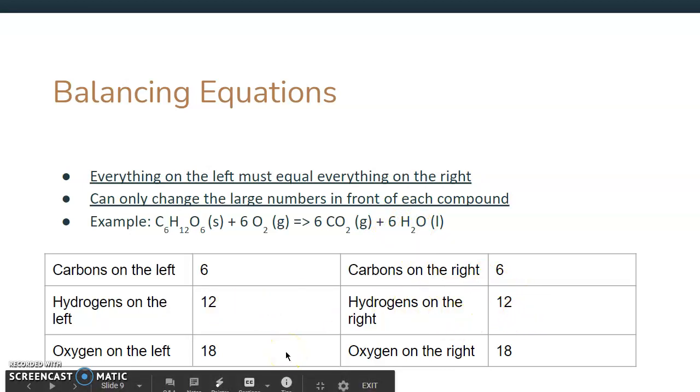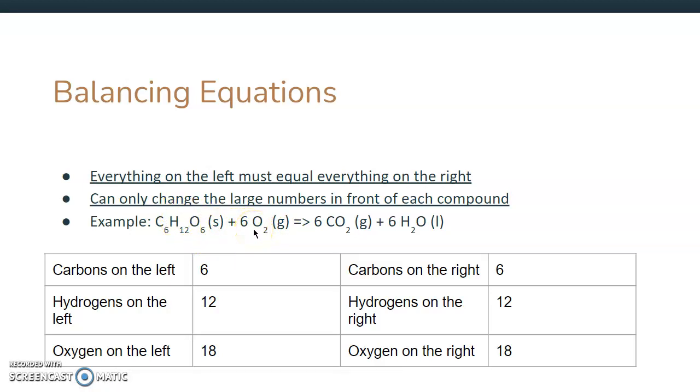And then the same thing for our oxygens. The way this one works is we have 6 here, and then we also have this molecule that has oxygen in it as well. So we have 6 plus 6 times 2. So 6 times 2 is 12, and 12 plus 6 is 18.